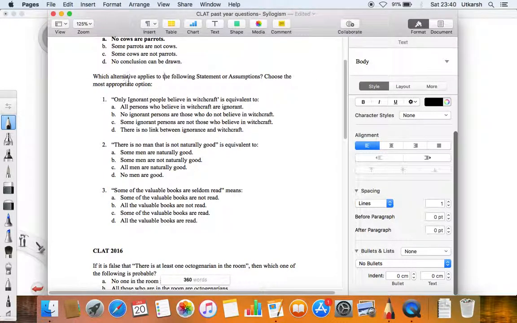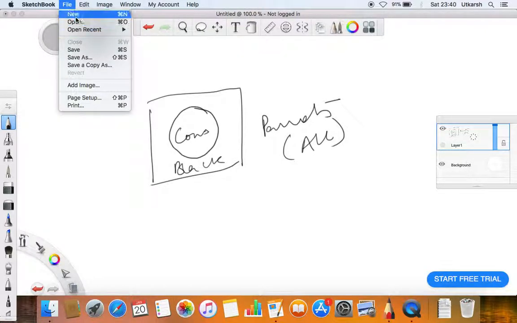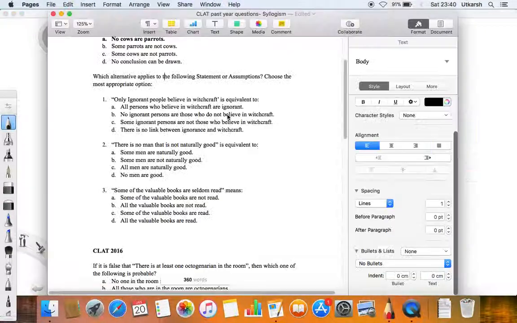So let's see the next one. Which alternative applies to the following statement or assumption? Choose the most appropriate options, right? So here, only ignorant people believe in witchcraft, right?